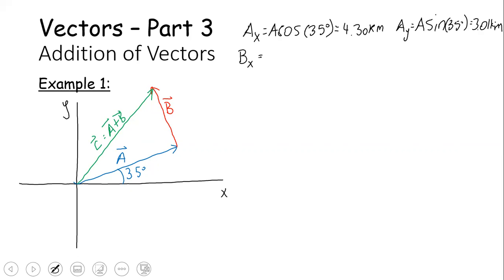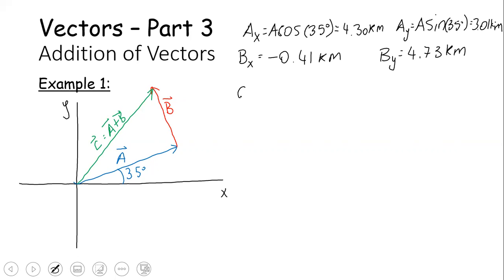For B, we do exactly the same thing. So I'm just going to write down the answers because it will be B times the cosine of the angle for the x component and B times the sine of the angle for the y component. We get negative 0.41 kilometers and 4.73.